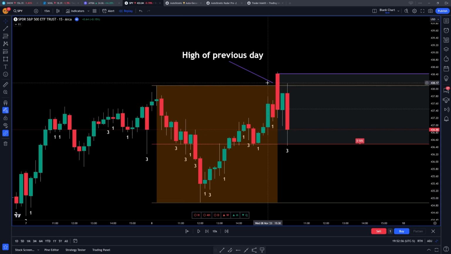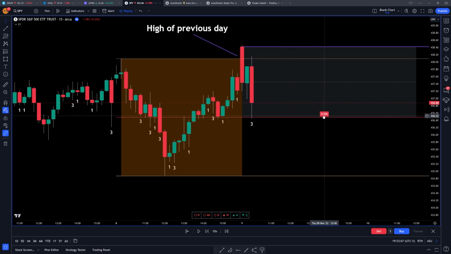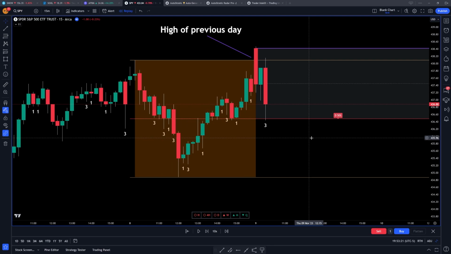Okay? After hitting the high, that's step one of what's required for this setup. We came down here, and then we hit the daily 50% level. Remember, the halfway point of the previous day. Now SPY has fulfilled two pieces of the pie for our high probability setup.